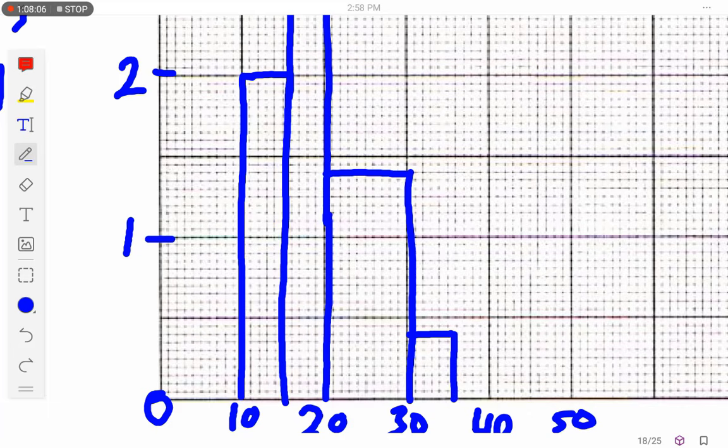Then the last one, we have got 35 to 50, which is 0.6. 0.6, that's above half, so it's about 2 boxes up there. So it's going up here like this, then 2 boxes there to 50, like that. Last part was not that correct.